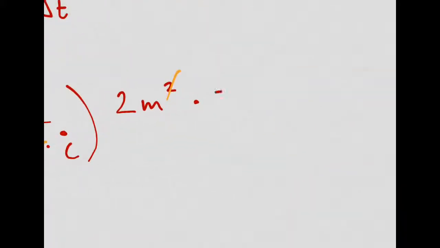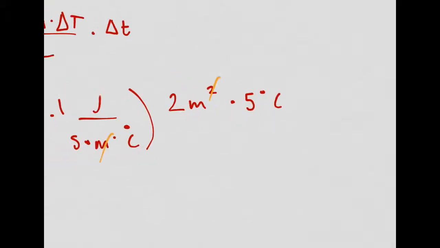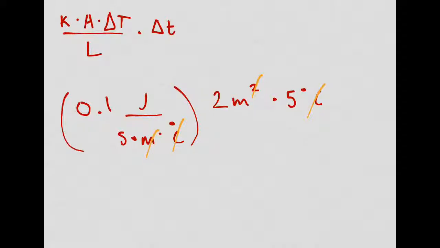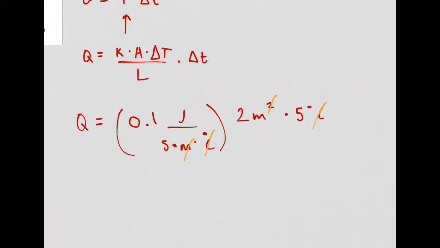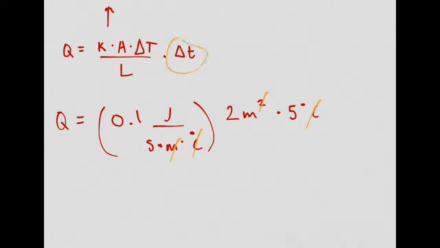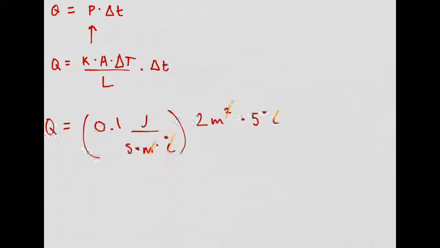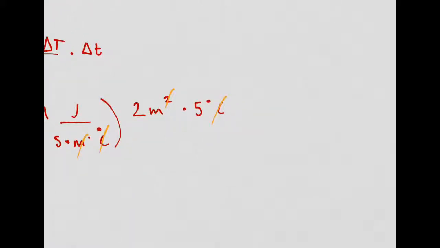That'll cancel out there. Oh, nice. We have joules per second. That's in watts now. And then we have to multiply by the change in time, 3,600 seconds, and that will cancel out.